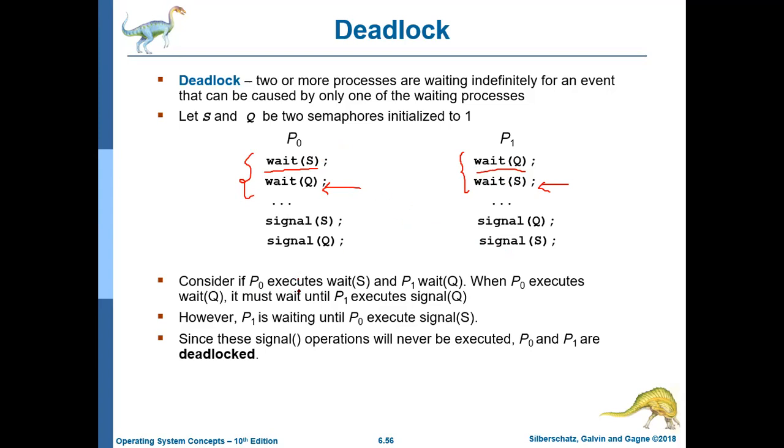Consider if P0 executes wait S and P1 executes wait Q. When P0 executes wait Q, it must wait until P1 executes signal. However, P1 is waiting until P0 executes signal. Since these signal operations will never be executed, P0 and P1 are deadlocked. This is a condition.